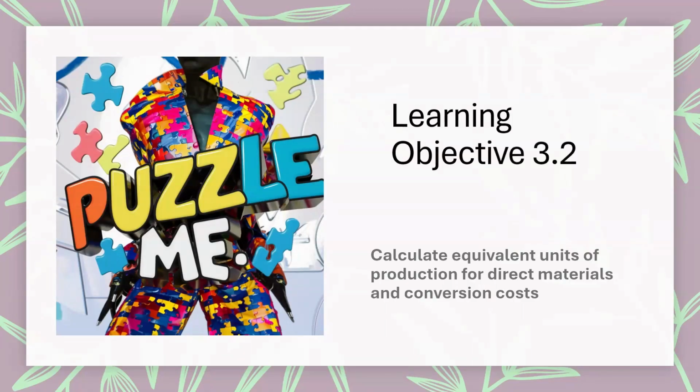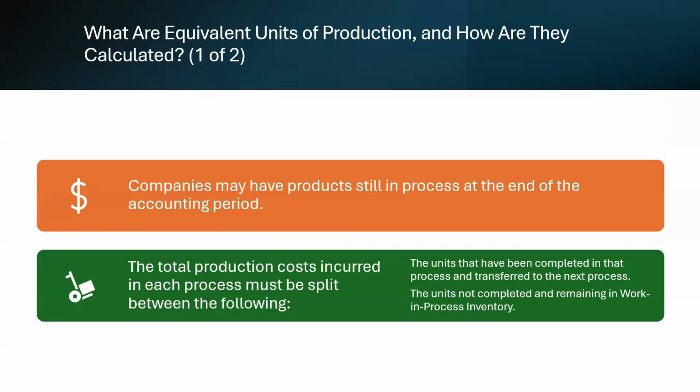Here we are starting with learning objective 3.2, which deals with calculating the equivalent units of production for direct materials and conversion costs. Now, companies may have products still in process at the end of the accounting period.